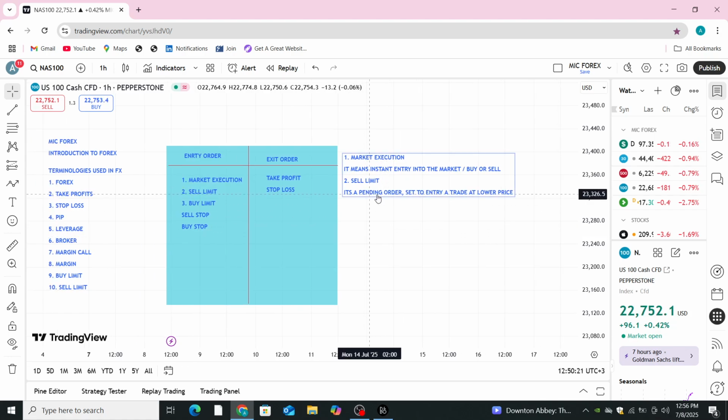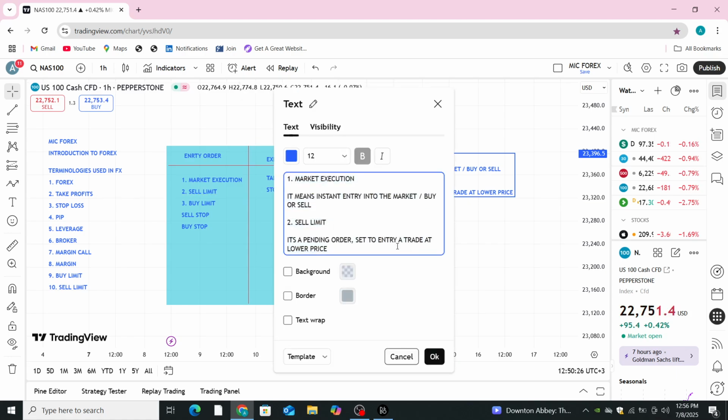Let me correct it. It's a pending order set to enter a trade into sell, and it's set above the current price.